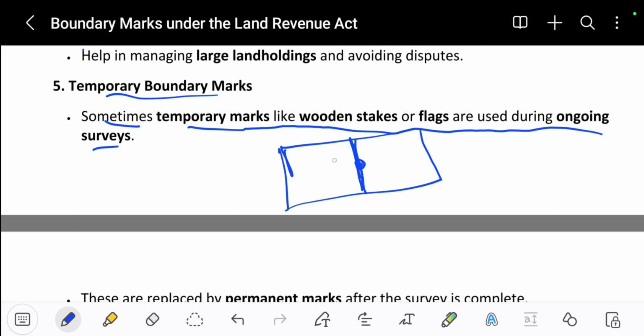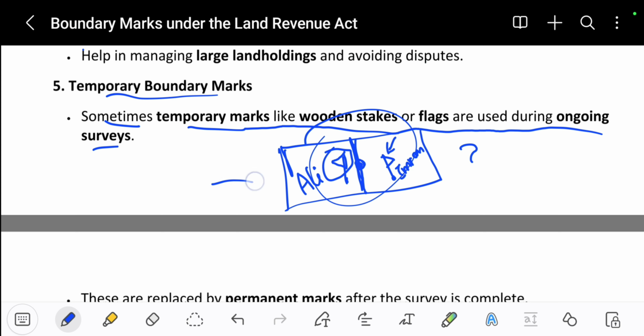Instead, someone would put a flag in order to indicate that this land belongs to Ali, and the other person will put a flag over here in a different color and write his name that this land belongs to Imran. But this is a very temporary type of boundary, because obviously a flag can fall away or break or anything can happen to it.